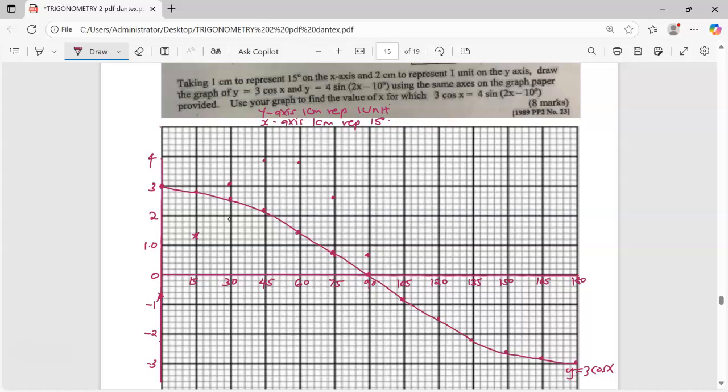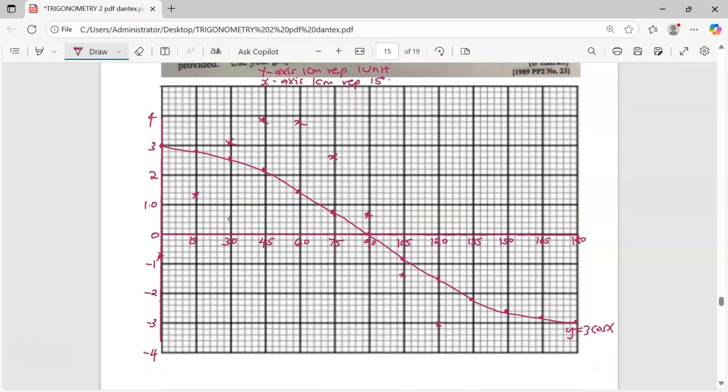At 105, we have negative 1.37, which is the same as negative 1.4, at this point here. When it is 120, it is negative 3.0, around this point here. When it is 135, it's negative 3.94 at this point here.